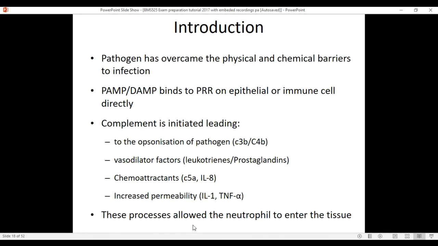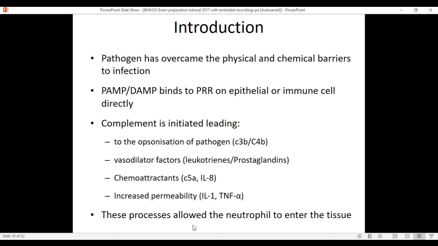So, the introduction for this particular essay would be slightly different, okay? Because it's near the end of the process. So you have to be a bit more concise in how you describe how we got to that point in the immune response. So again, you're talking about how the pathogen has overcome the physical and chemical barriers. Its PAMPs have bound the pattern recognition receptors on our immune cells, or our mucosal cells.